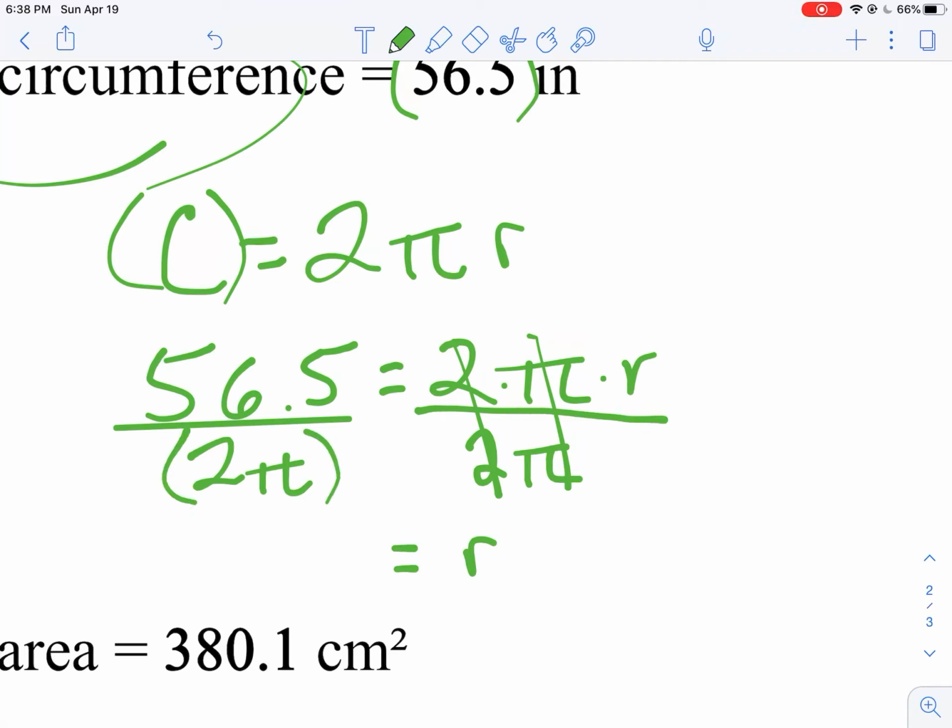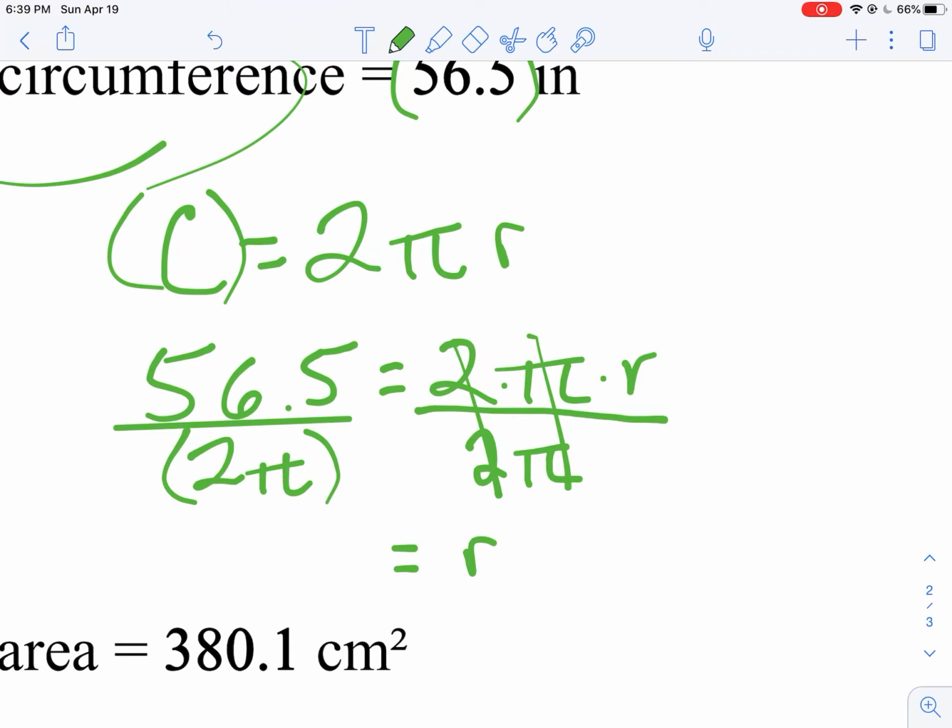So if I were you, I would go in my calculator. I would do 56.5 divided by, now, depending on which type of calculator you're using, I put 2π in parentheses so I could do it all in one go. And that'll give you your answer.